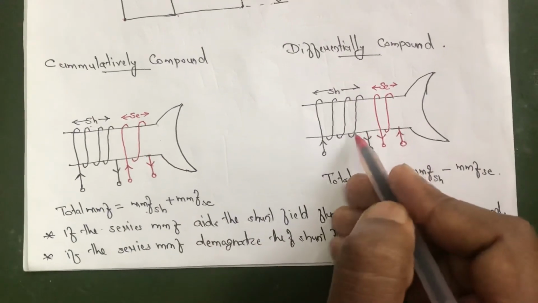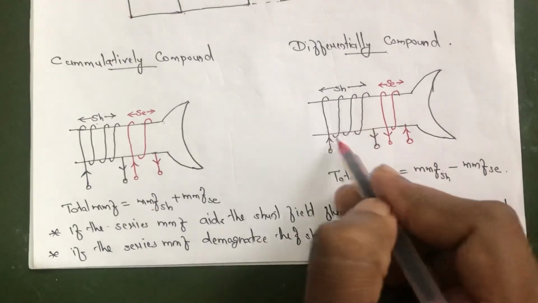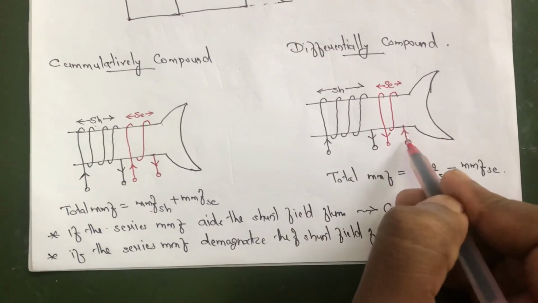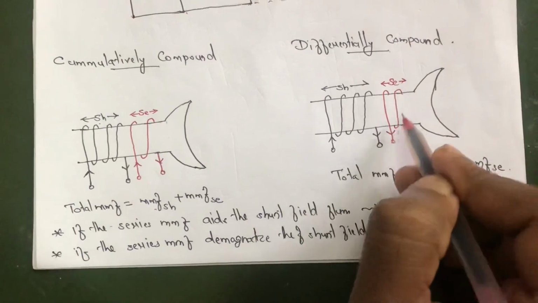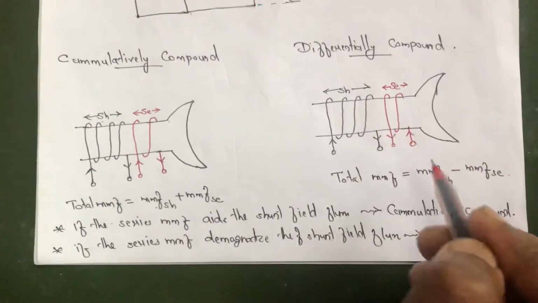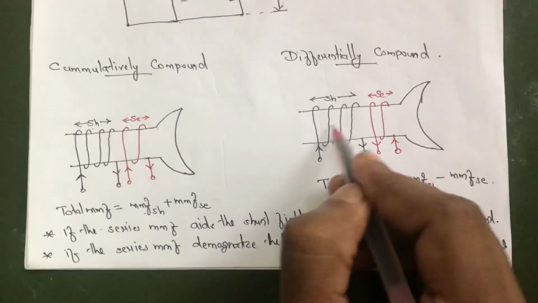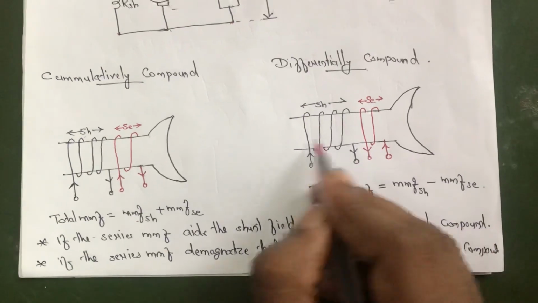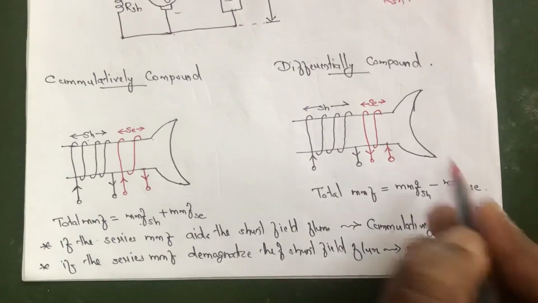In the differential case, the current is entering through the shunt winding in this direction and leaving, but in the series winding the current is entering from the opposite side. So here the series flux will demagnetize the shunt field flux. The total MMF is the shunt field flux minus the series field flux.